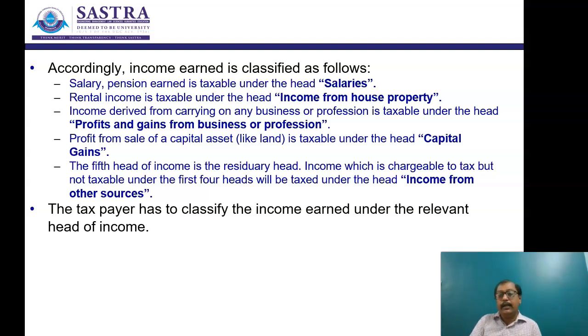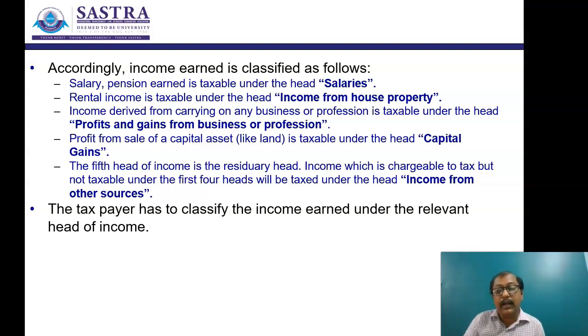An individual can have income from all these sources; multiple sources could be there, but at least from one source he will definitely have an income. Such income, under any one of these heads, will have to be computed, classified, and considered for payment of income tax.